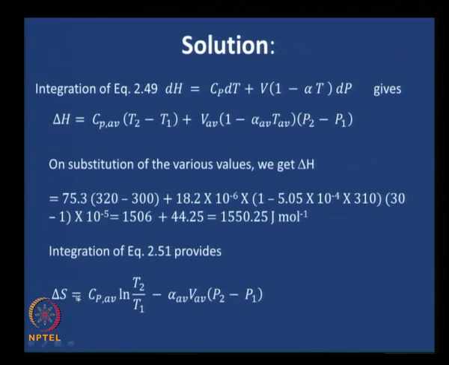Therefore, delta S would be, you have a dT by T term there along with a Cp, and therefore, if we take the Cp average value here, Cp average times ln of T2 by T1, integral of dT by T is ln T, and therefore, when you substitute the limits, you get ln T2 minus ln T1 or ln T2 by T1. Here this is straightforward, minus alpha average V average into (P2 minus P1).